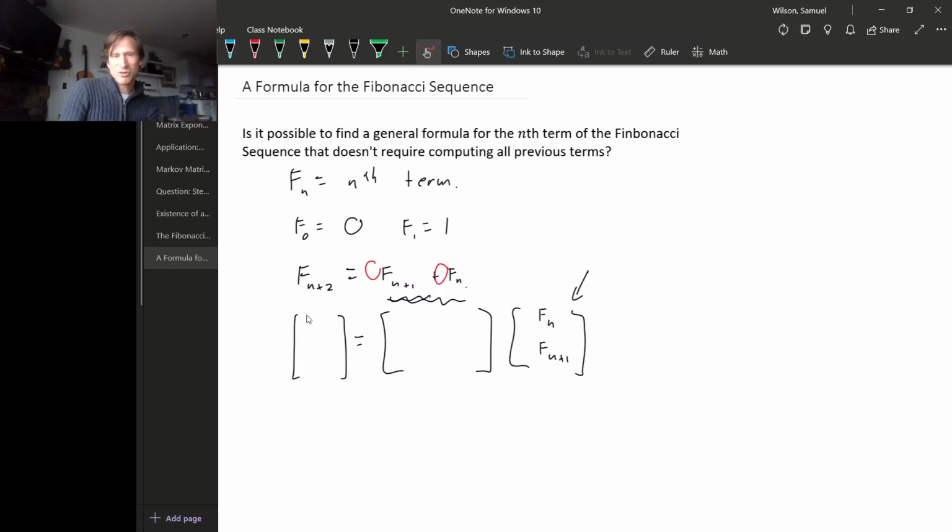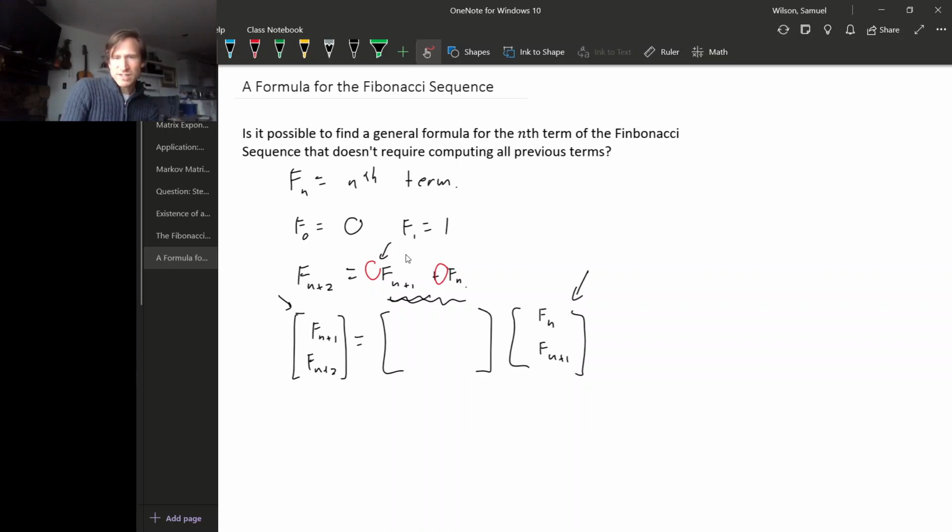And so what can we compute? Well, we're computing f sub n plus 2, but also, right, we have this extra entry, so we have to decide on what is the extra piece of information that we need to carry around. To compute the Fibonacci sequence, you have to carry around two adjacent terms. So if we have an f sub n plus 2, we should have an f sub n plus 1.